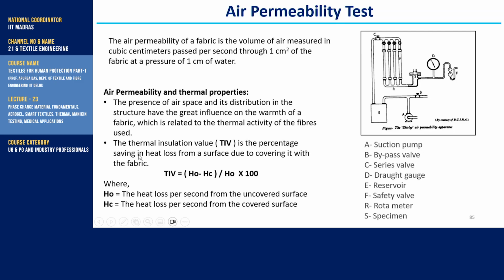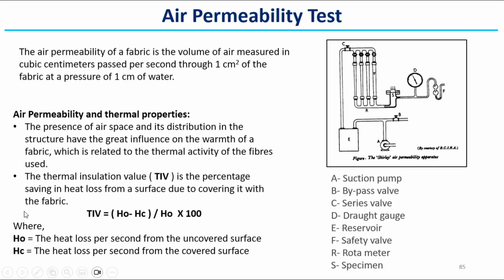So, the thermal insulation value, TIV, is the percentage saving of heat loss from the surface due to the covering with the fabric. So, that we can measure, because heat loss per second from the uncovered surface and heat loss per second from the covered fabric, okay, that we can measure.